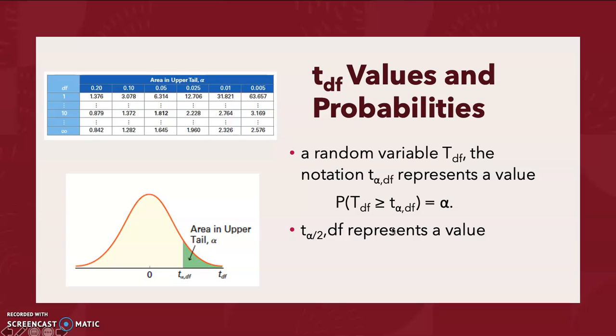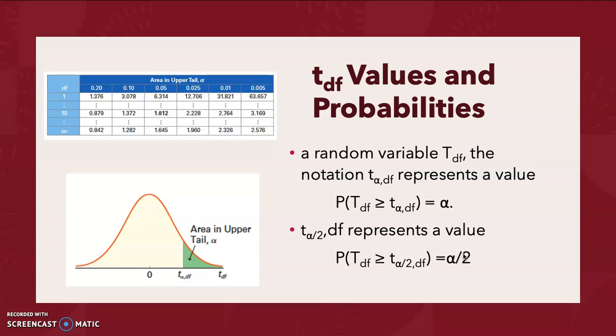Similarly, t alpha divided by 2, df represents a value such that the probability that t is greater than the t determined by alpha divided by 2 and a degree of freedom, is alpha divided by 2.